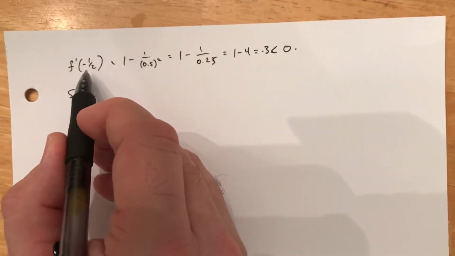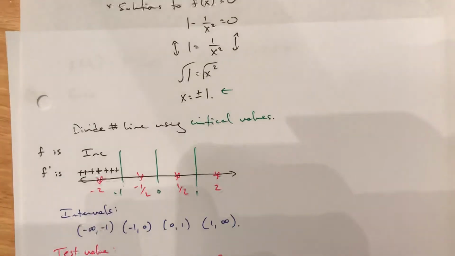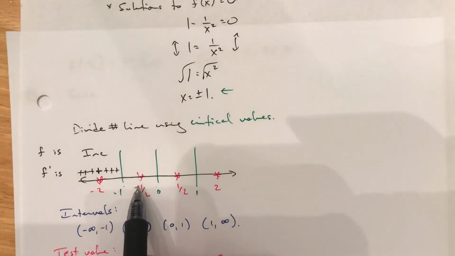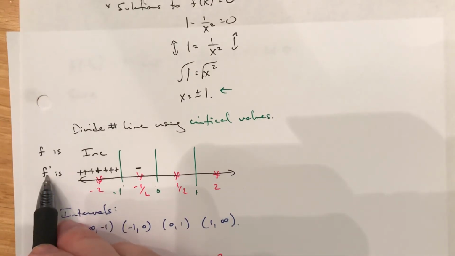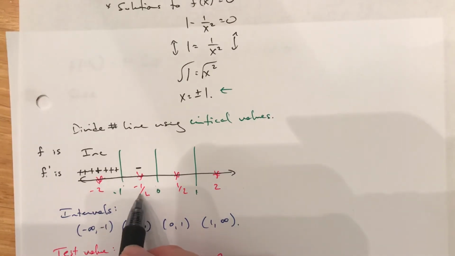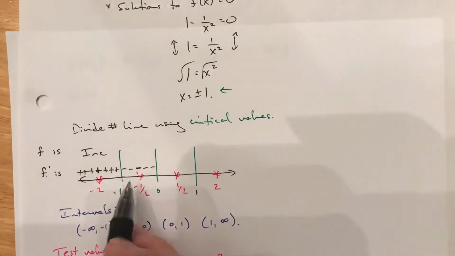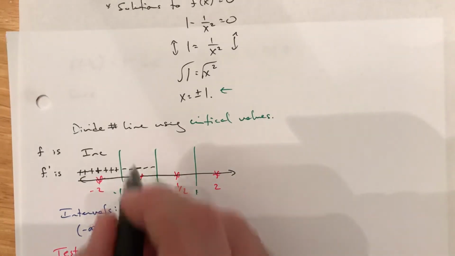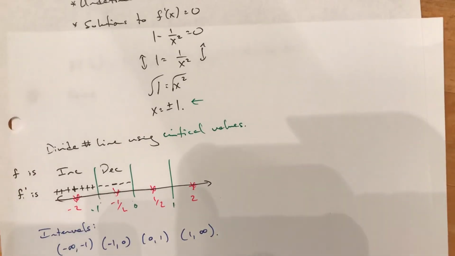That negative a half is just representative of the interval that it came from. Our derivative is negative for one value of x, which means it is going to be negative for all values of x in this interval, and f is decreasing there.